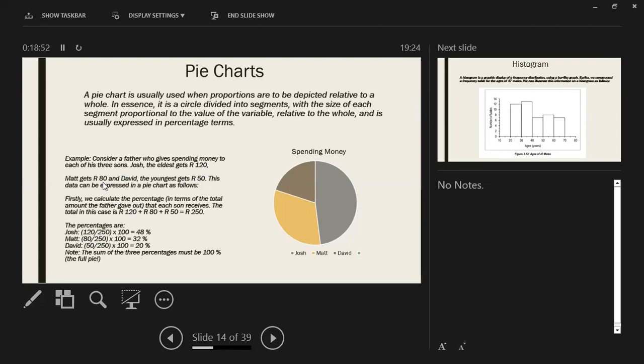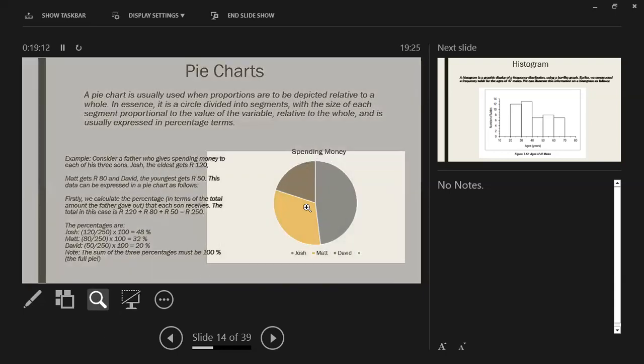Then Matt was given 80 out of 250. That gives you a percentage of 32. And then David was given 50 out of 250, which gives you a percentage of 20. So when you plot these percentages in a pie chart, you see that this is what you get.